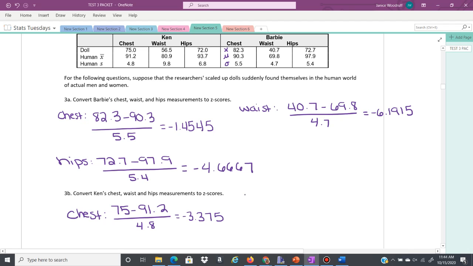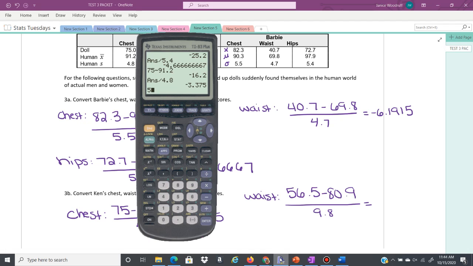His waist, we're going to have 56.5 minus 80.9 over 9.8. And that would give us negative 2.4898.